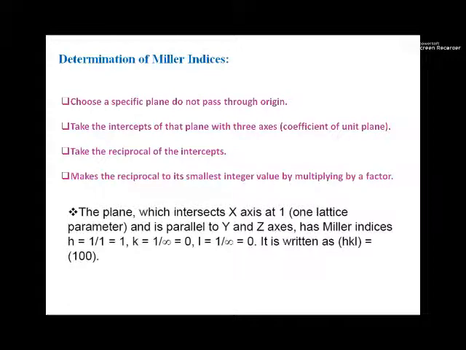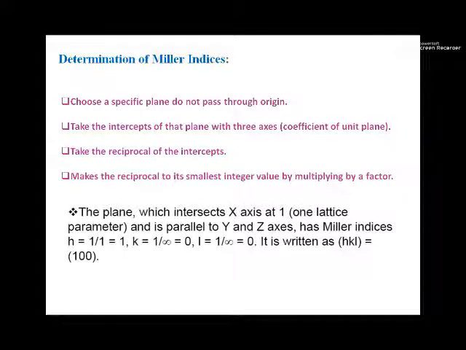So let us consider a plane that intersects the x-axis at one lattice parameter distance and is parallel to the y and z axes. As in the first case, for the brown plane, it will be 1 along the x axis and infinite along y and z axes.